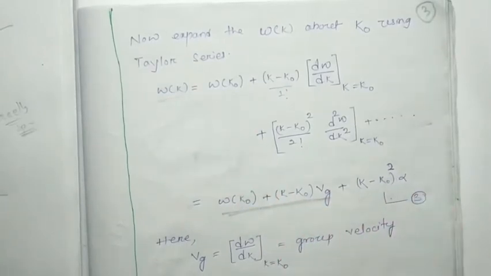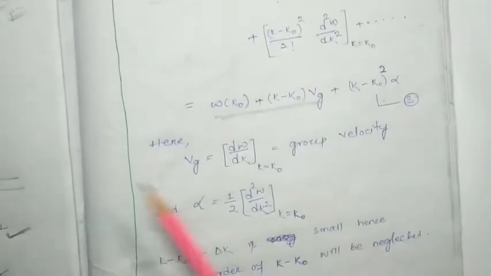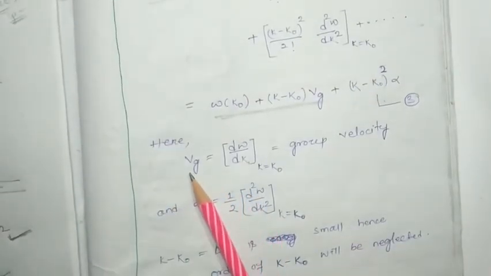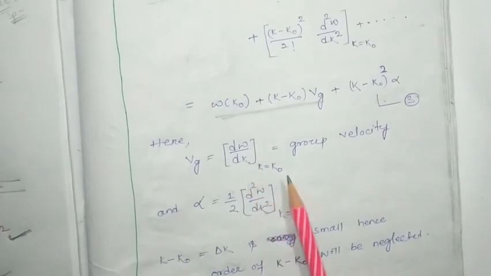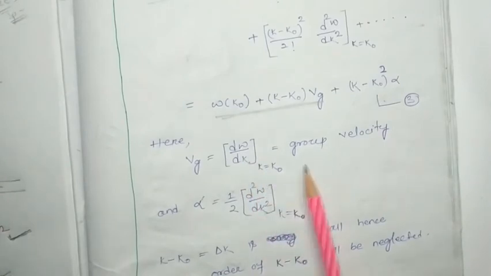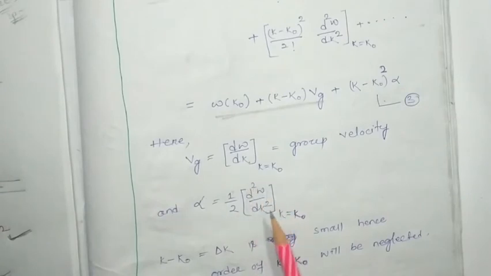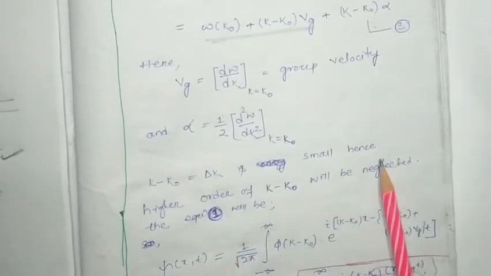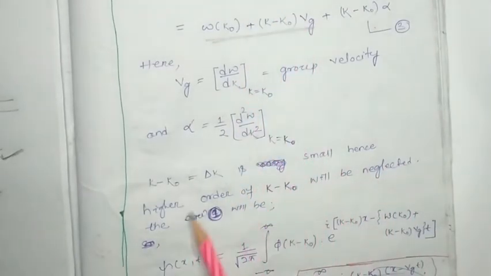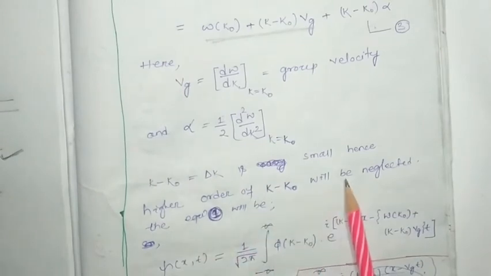This is equation number 3, and we know that Vg, the group velocity, is nothing but d omega/dk at k equal to k0, and here we consider alpha equal to 1/2 d squared omega/dk squared at k equal to k0. Here k minus k0, that is delta k, is small, hence the higher order of k minus k0 will be neglected, as I told.